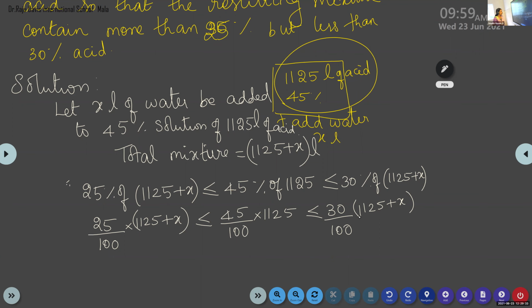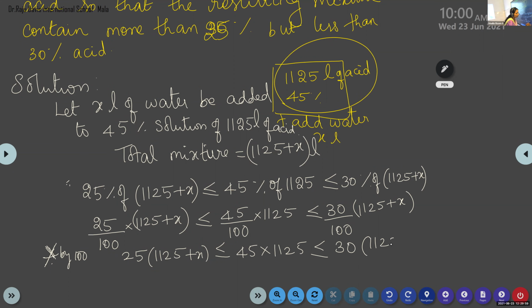Is it okay, children? Now listen, everywhere we have 100 in the denominator. So we can divide by 100 throughout or multiply by 100. When you multiply by 100, everywhere this 100 will get cancelled. So we get 25 into 1125 plus x less than or equal to 45 into 1125 less than or equal to 30 into 1125 plus x.